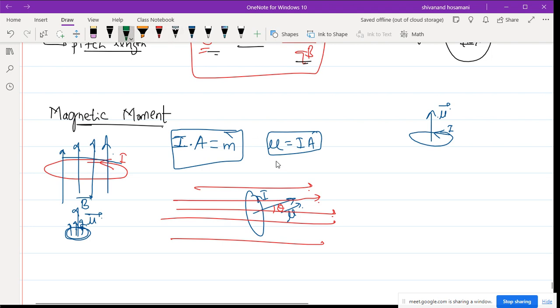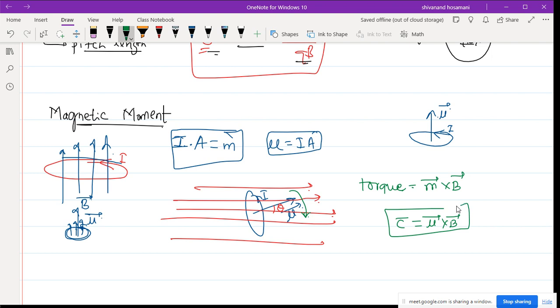So the magnetic moment tries to turn in the direction of the magnetic field. As you apply the magnetic field, it automatically turns this way, correct? Because of the turning, it creates a torque. So torque acts because of rotation. Torque is given by m, the magnetic moment, cross B vector, or we can define it as mu vector cross B vector.